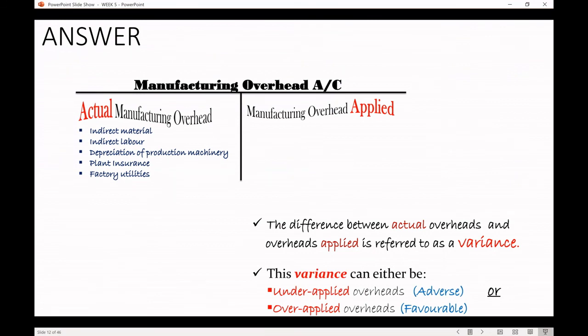And overapplied is more favorable in comparison to underapplied, but if you're really supposed to make a detailed comparison and analyze it, it's not that favorable. What it's saying is that you can cover your actual cost, leaving additional, but that additional is actually a wastage. You could have used that additional to do something else. But in a comparison between the two, overapplied is more favorable than underapplied, right?